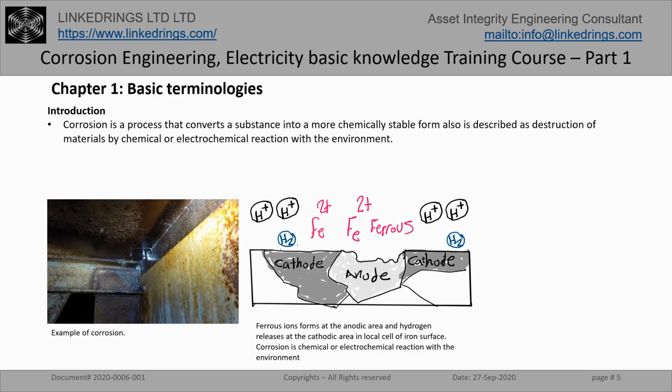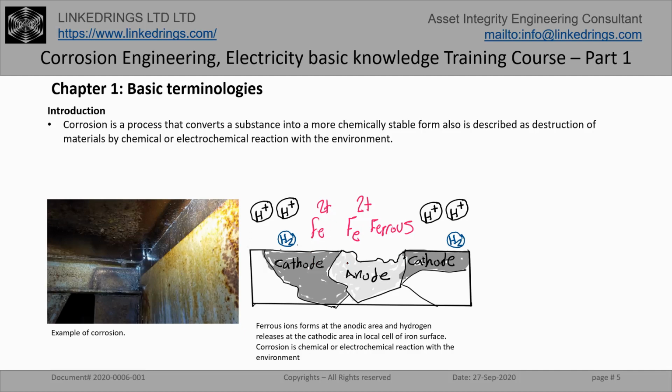If we have an iron surface exposed to the atmosphere, parts of this surface are more active than other parts, more active in the sense that they will interact and react with the environment.